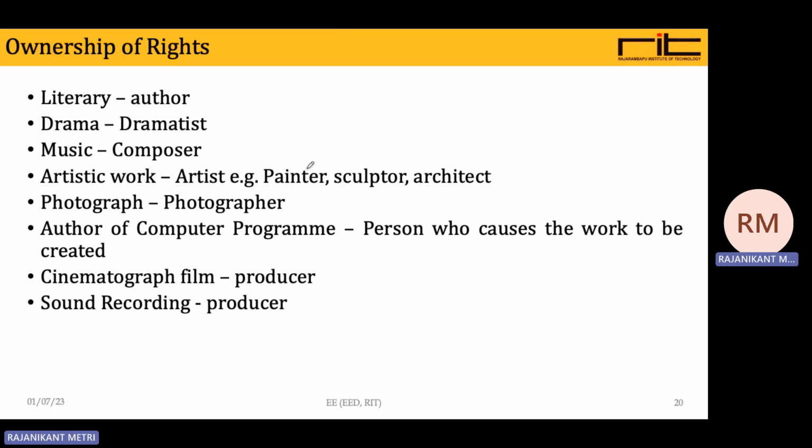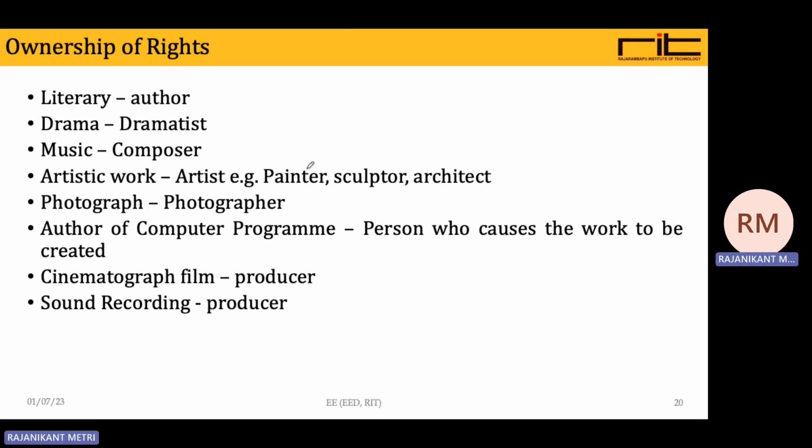Now ownership of rights. Generally, literary work is related with the authors, the person who has written some article, novel, book. Then drama is related with the dramatist, then the composer, the one who has created the music. Artistic work, that is artist or painter, sculptor, architect, photographers.